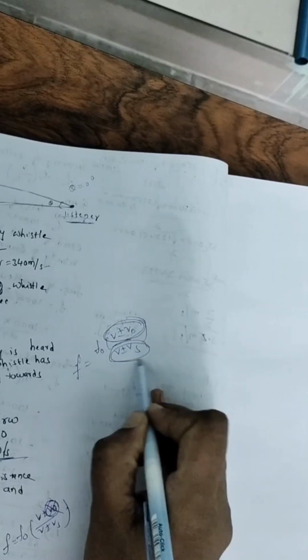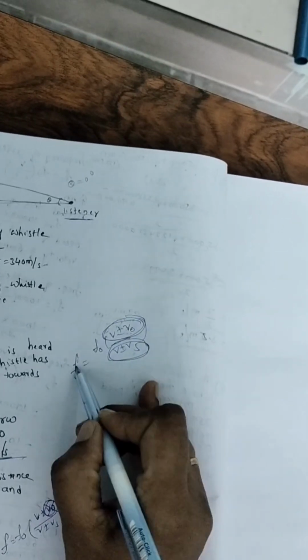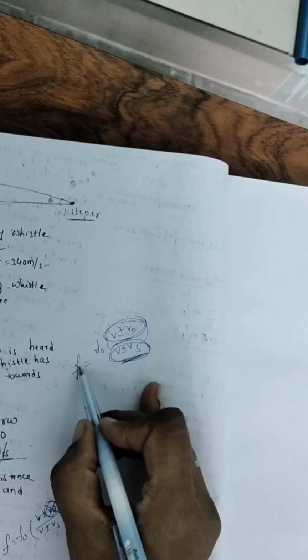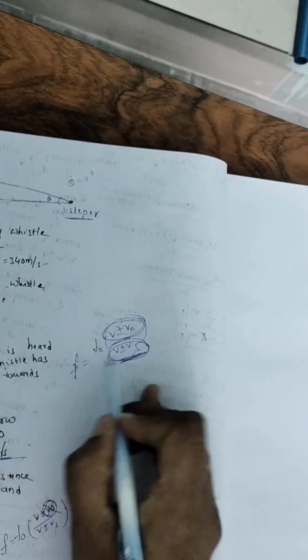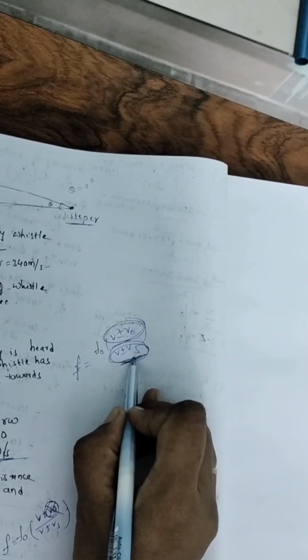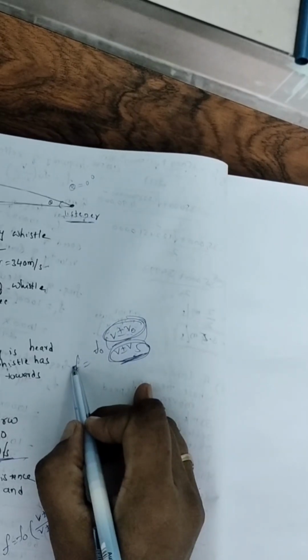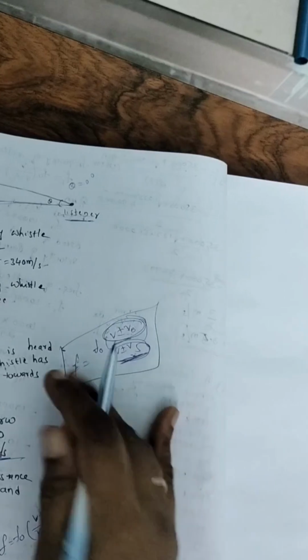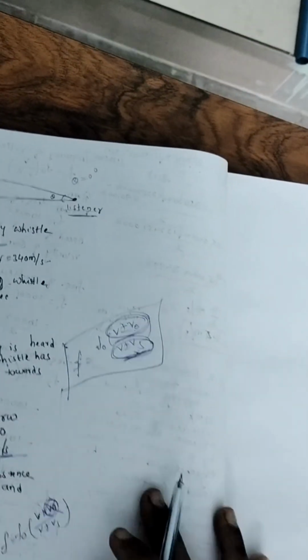In the case of the source, it is inversely proportional: if the frequency increases, you keep minus Vs; if the frequency decreases, you keep plus Vs. Only this one trick I used and solved all the problems.